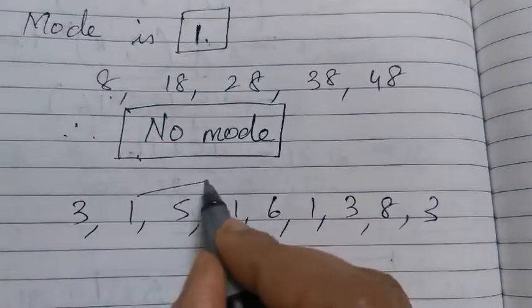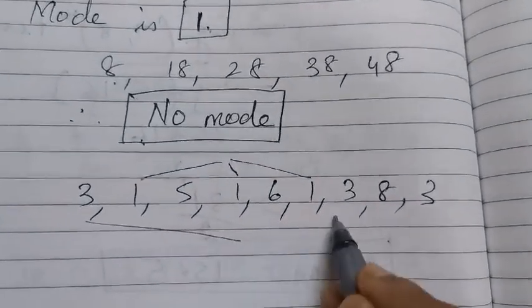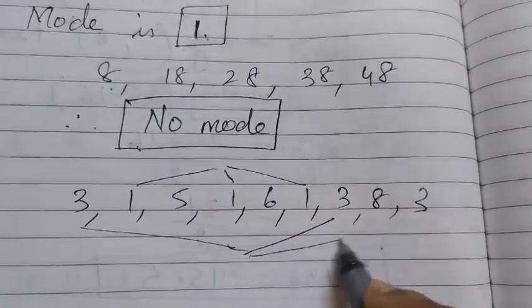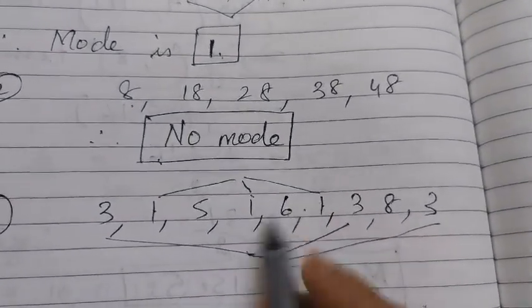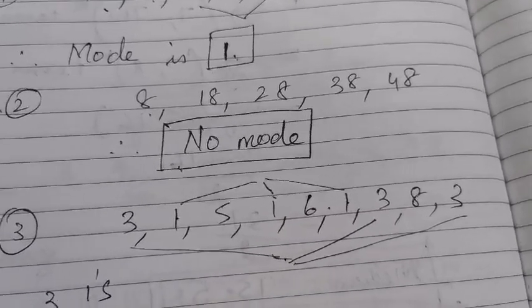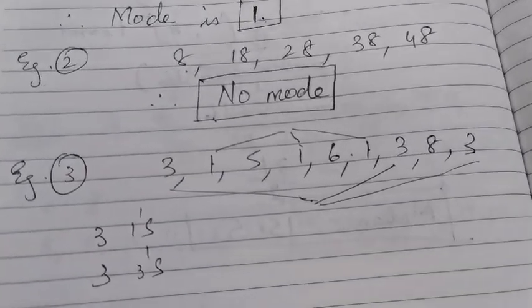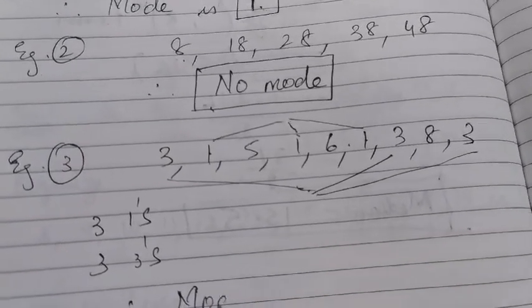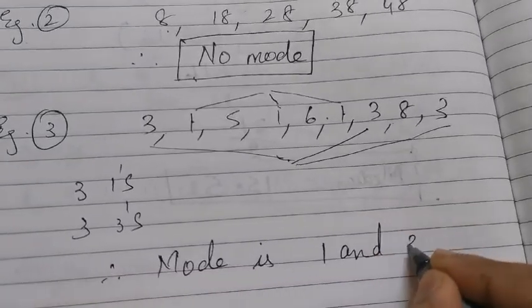Here, 1 is repeating 3 times and 3 is also repeating 3 times. So you have 3 ones and 3 threes. Therefore, you have 2 modes for this data. The modes are 1 and 3.